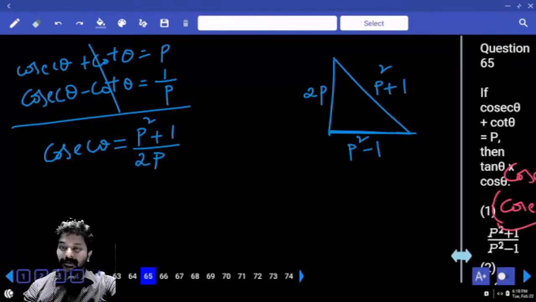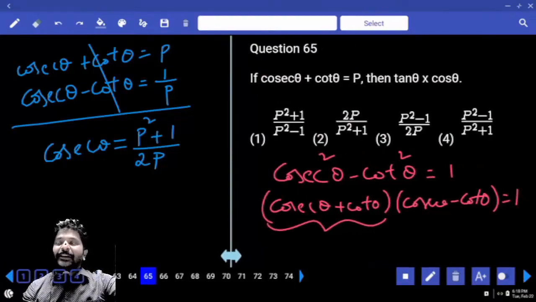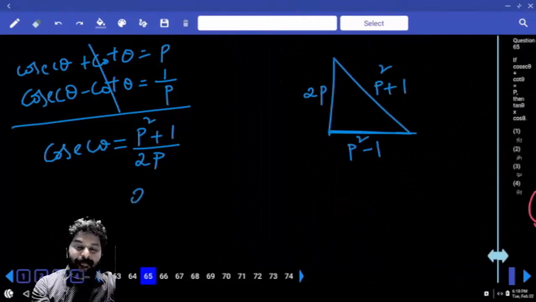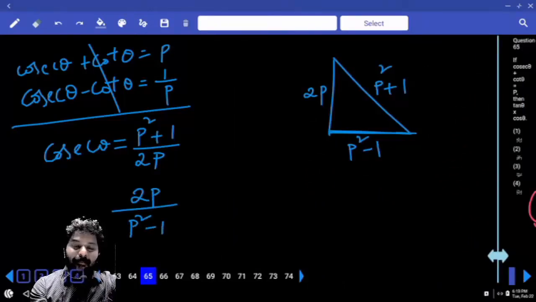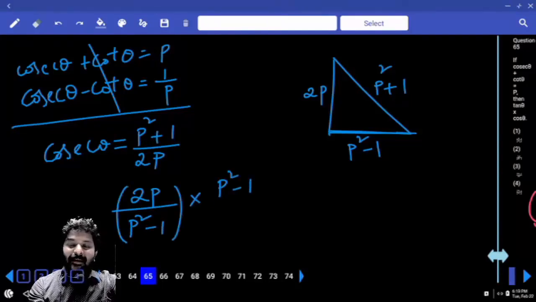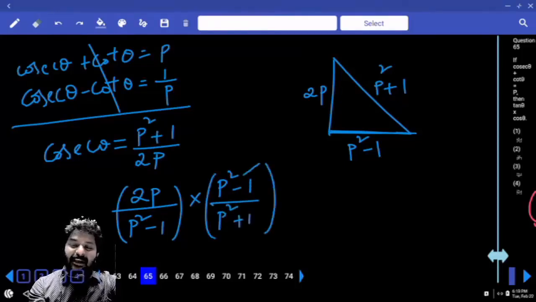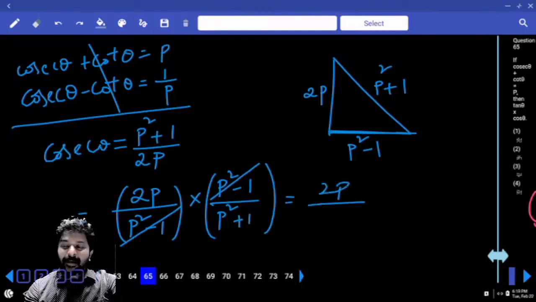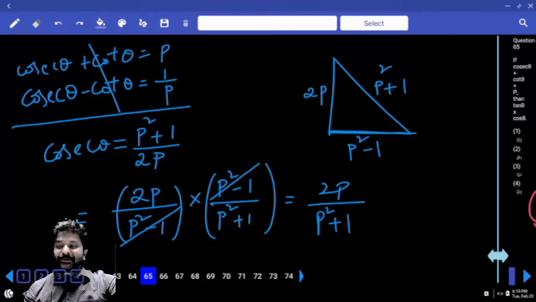Now your question is about tan theta into cos theta. Tan theta 2p by p square minus 1 into cos theta p square minus 1 by p square plus 1. P square minus 1 gets cancelled. Finally we are left with 2p by p square plus 1. This is your final answer.